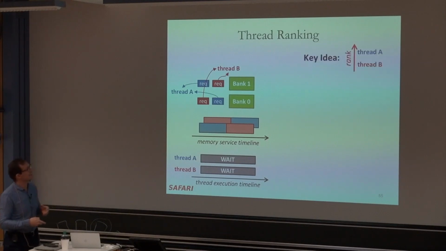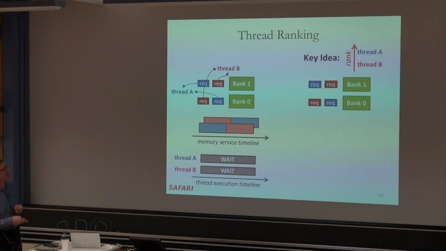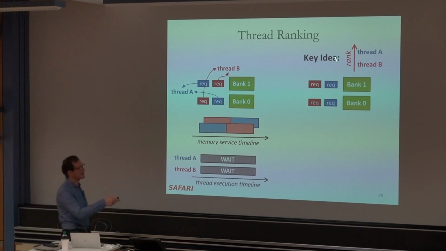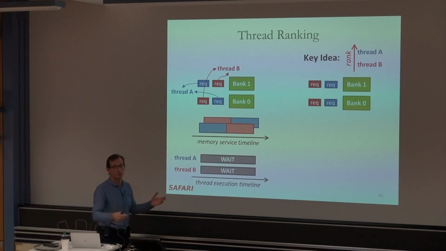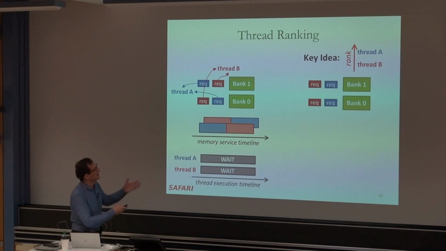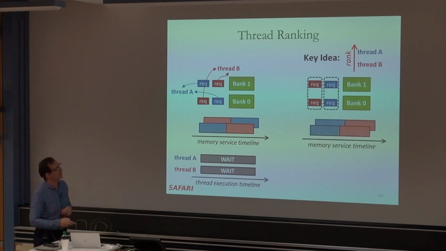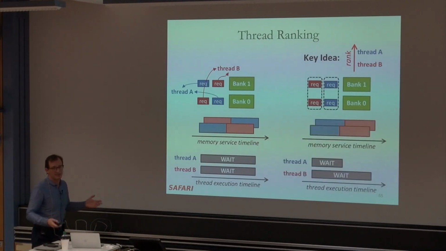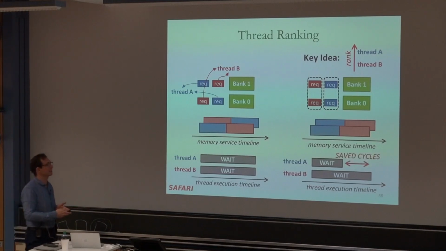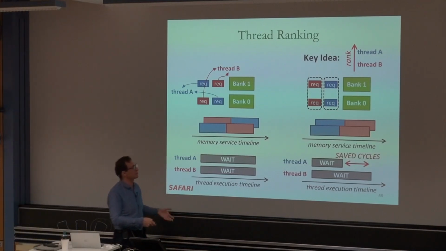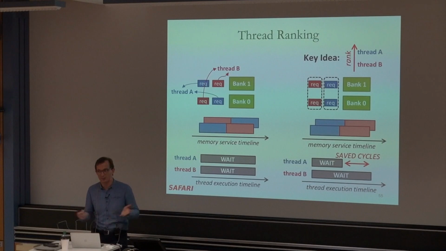Now, if you form a ranking, rank thread A higher than thread B, and ensure that both banks obey that rank, essentially what you're doing is changing the prioritization order such that threads are prioritized in the same order across different banks. And if you do this, what happens looks like this, which is very similar to what I showed you earlier. You save cycles on thread A without introducing additional cycles on thread B, which is good for performance.